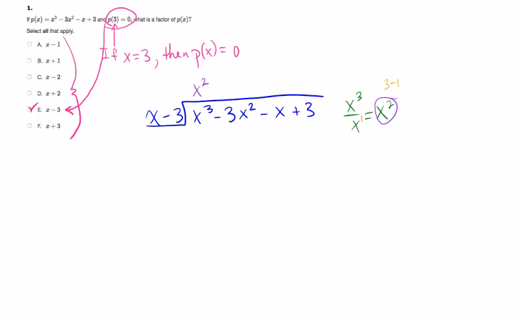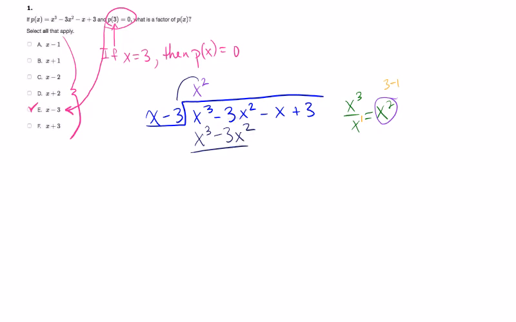So like x squared times x is x cubed, right? And then x squared times negative 3 is negative 3x squared. Okay, so I did this times this, and that got me this. And then I did this times this, and that got me this, right?